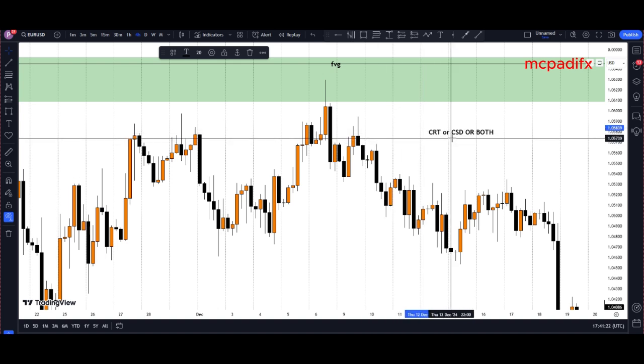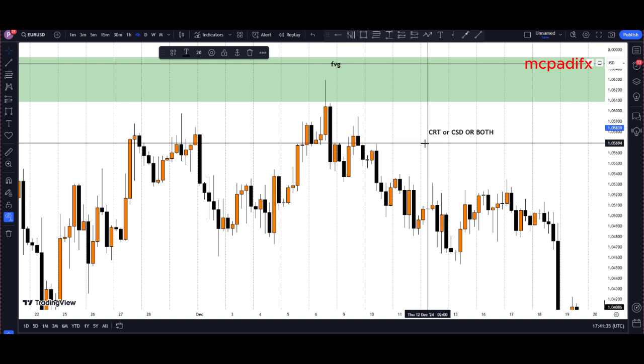Now I'll explain when to use each of them and the strength of each of them. So as I said, either you go for CRT or CSD or both of them.